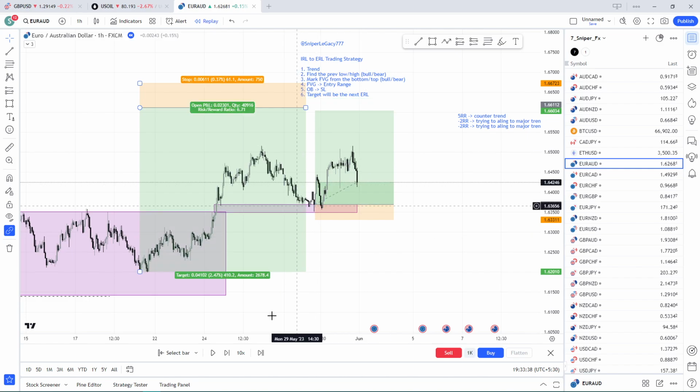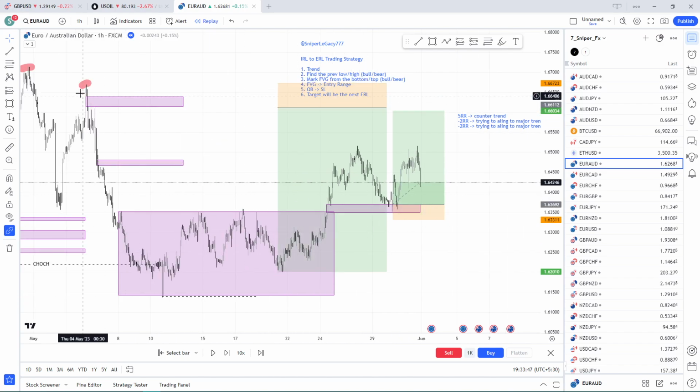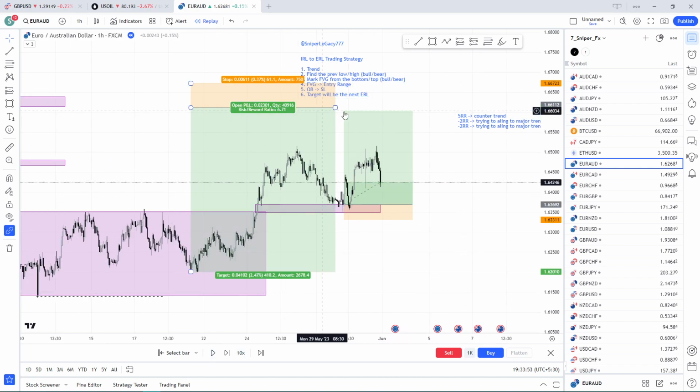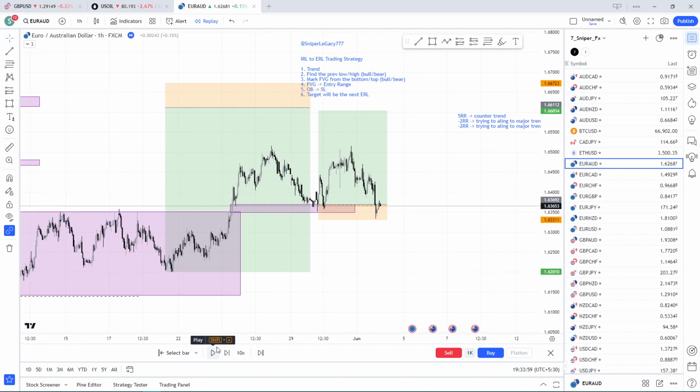Do we have BOS? No, we do not have BOS here. If the market breaks down again, then we will align our market towards the major trend, that is downtrend. But anyways, I'm not going to use any risk management, guys. I'll just play however it is.